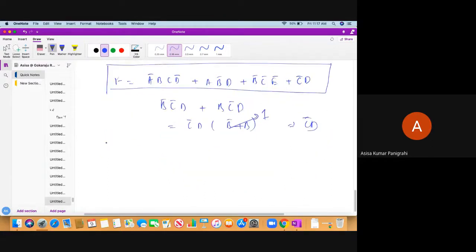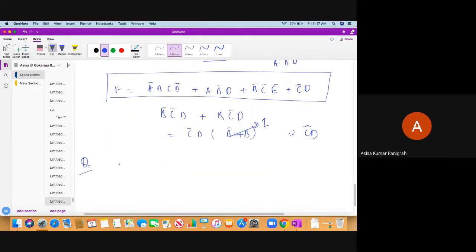So all of you do this question. I'll just give this question to you. Simply this one: A bar, B bar, C bar, C, A bar, B bar, C, E bar, plus A bar, B bar, C bar, D bar, plus B bar, D bar, E bar, next B bar, C, D bar, next C bar, B, D, E bar.